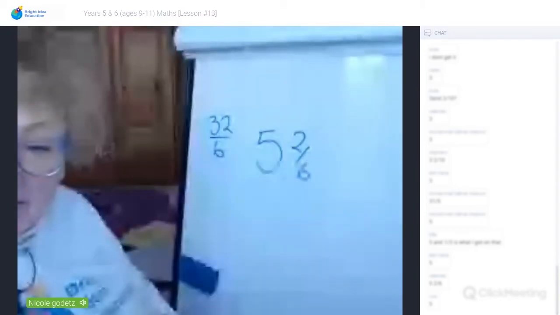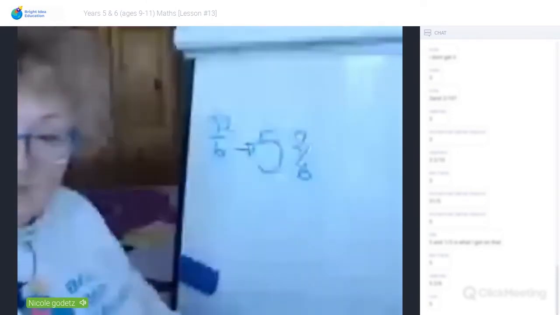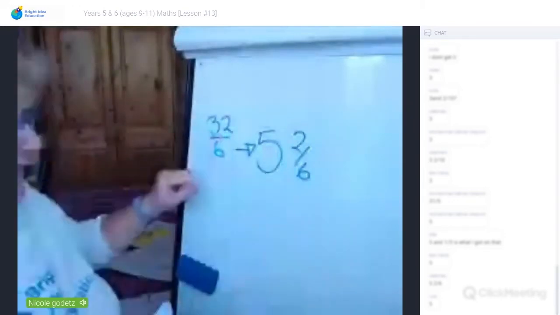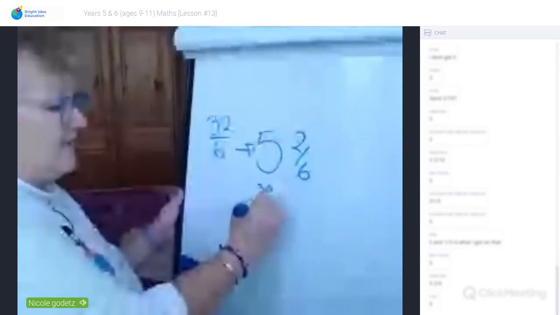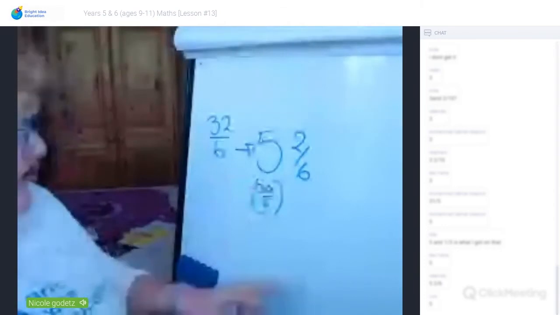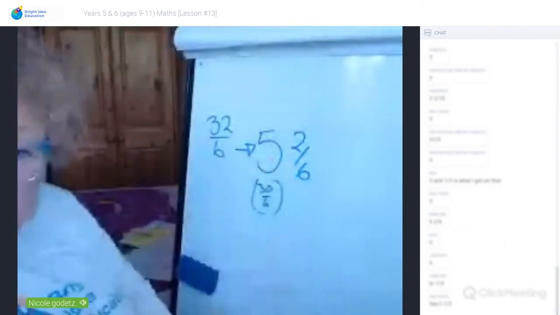Is that the simplest way that can be left? That's right, 5 6s. So you make 5 whole ones, but that would just use up 30 of them, wouldn't it? Because 5 whole ones is 30 sixths. But you've still got 2/6 left. So what can you simplify 2/6 to?